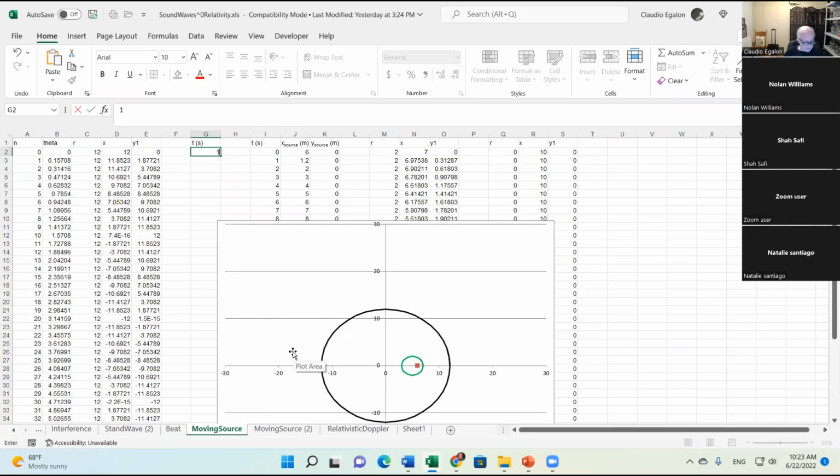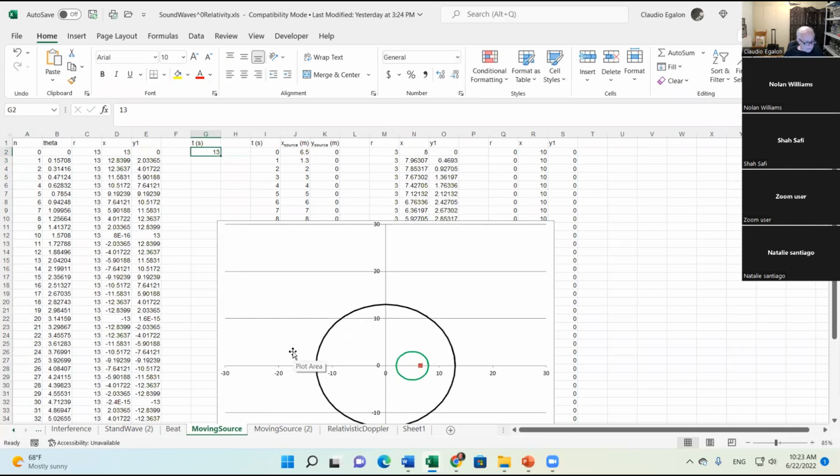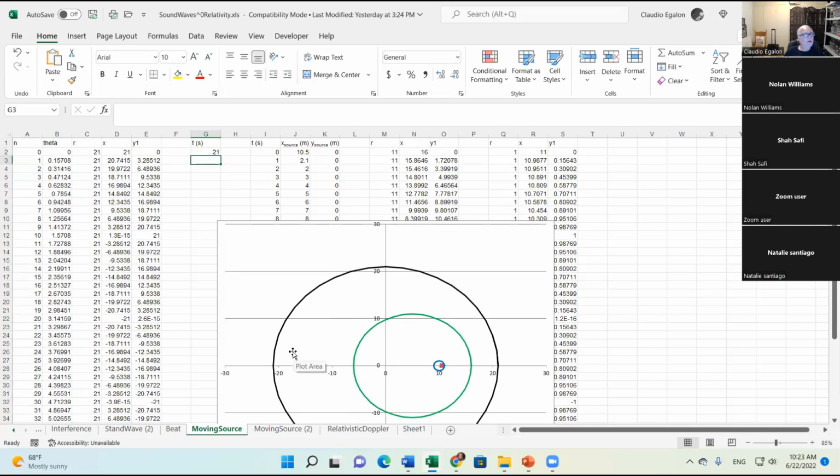With this simple explanation, we can see something like that. Around 20 seconds, we meet another wave.